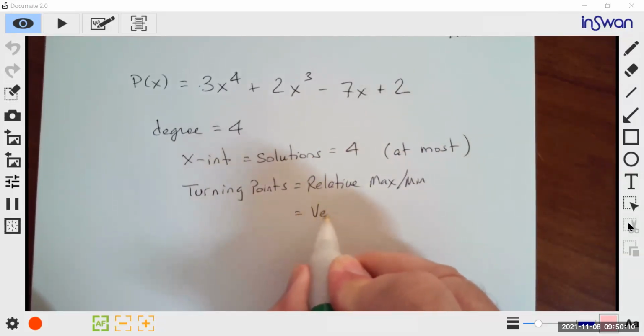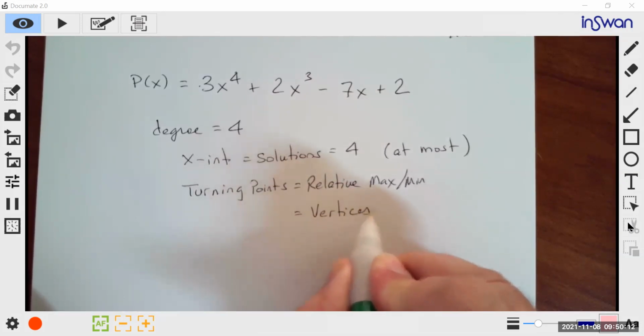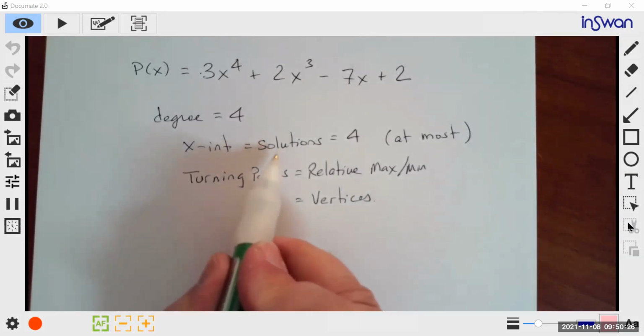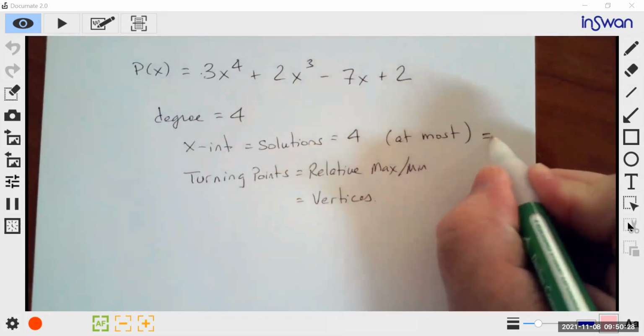It's basically a vertex, one of the vertices. So the number of x-intercepts, the number of solutions, is always n.